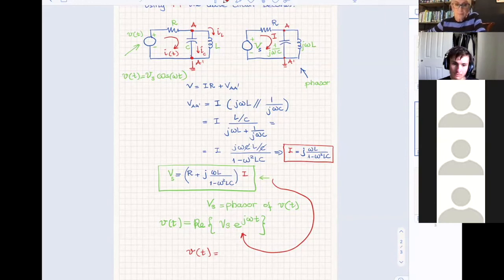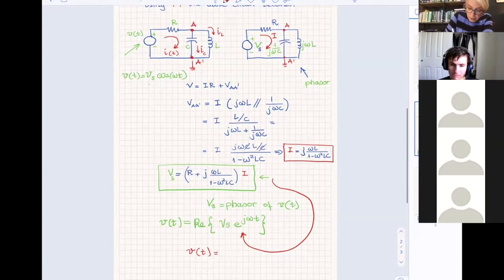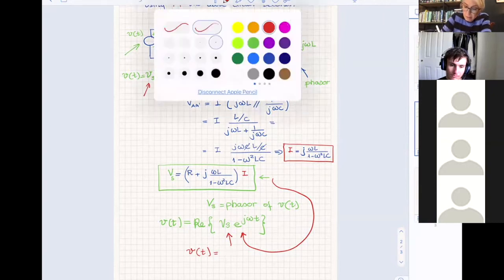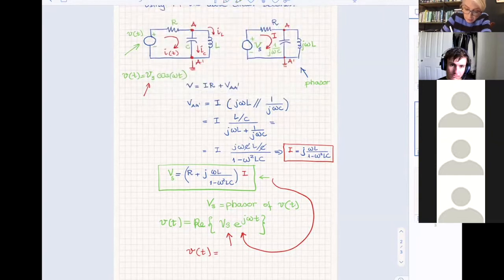So the one inside the V of t is little v, and the one above is big V. This is little v, and this is capital V, the phasor.